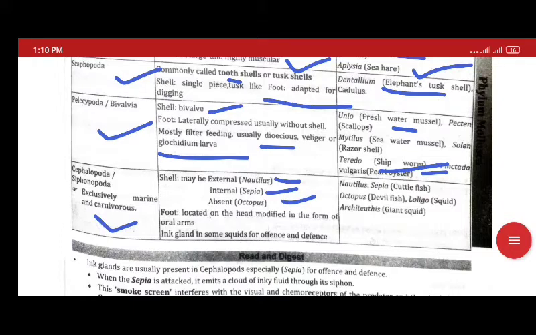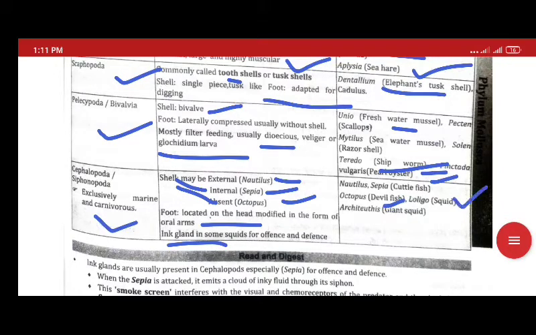So the shell is absent in octopus and internal in Sepia. These two are most important. Now the foot is located on the head, and an ink gland occurs here for offense and defense. Now cuttlefish or Sepia is an example, and devilfish or octopus.